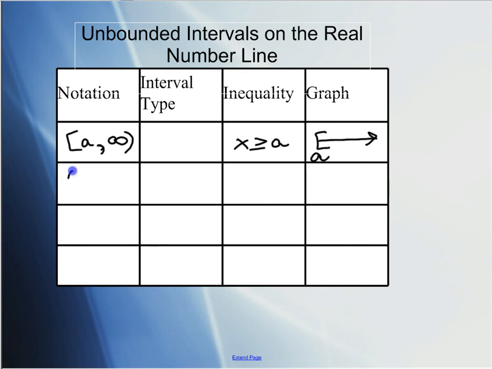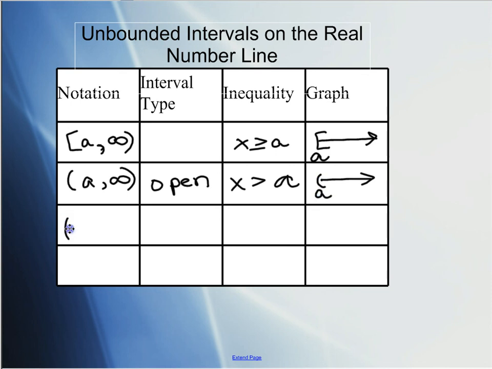We could also do a parenthesis A to infinity, and this one is open because both sides have the parentheses. And here we do X is greater than A, no equal sign because we're not including the A. And then we have a parenthesis going to positive infinity.